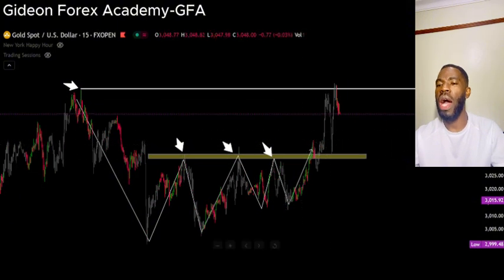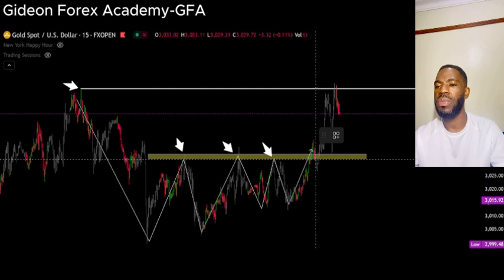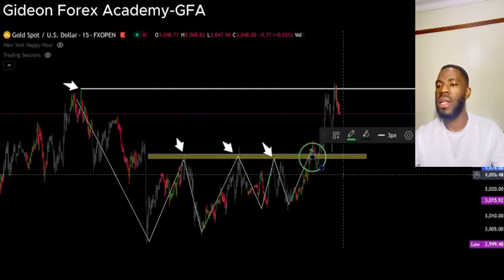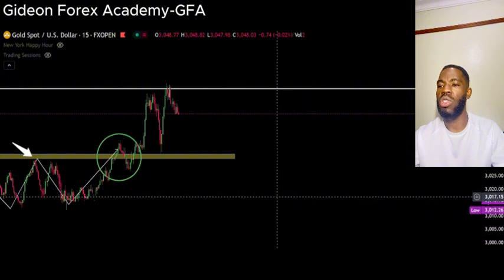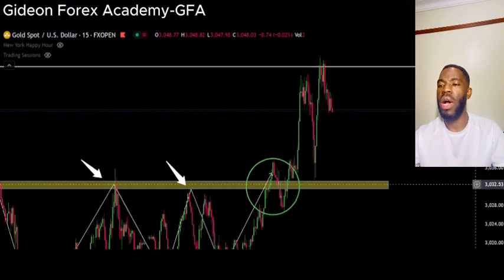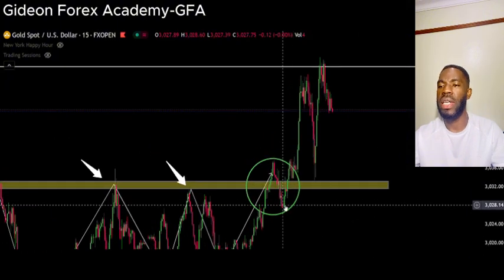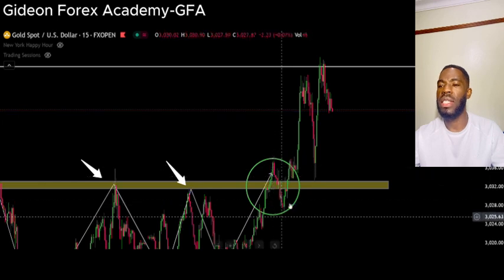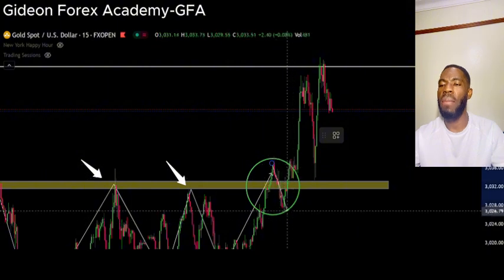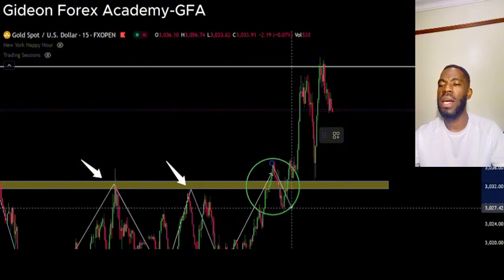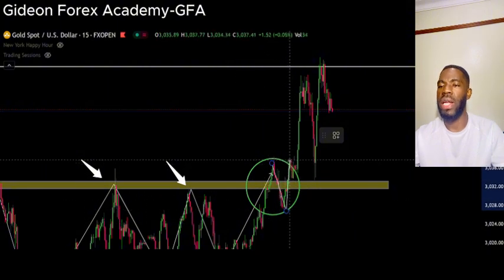When gold broke out of this point here, you can see this was just about on the 20th or just today, the 27th, gold broke out and then returned to retest. It broke out of this zone, returned to retest these levels over here, and then broke out. So our confirmation for a buy was this breakout after the retest right here.